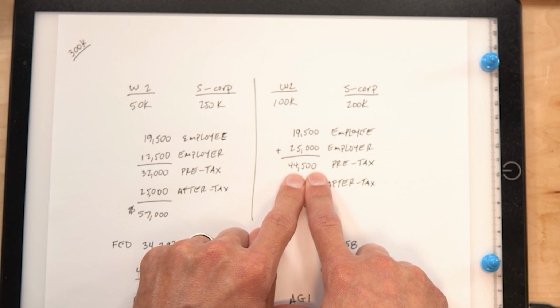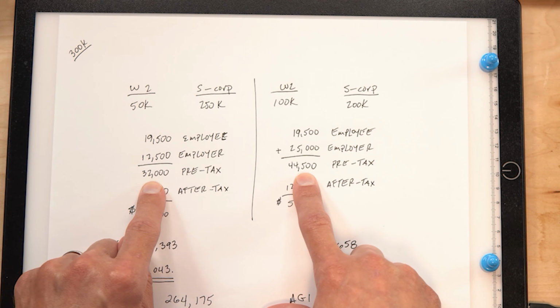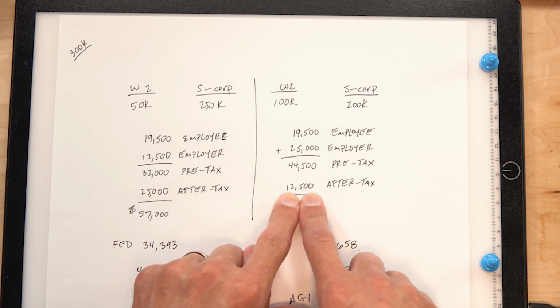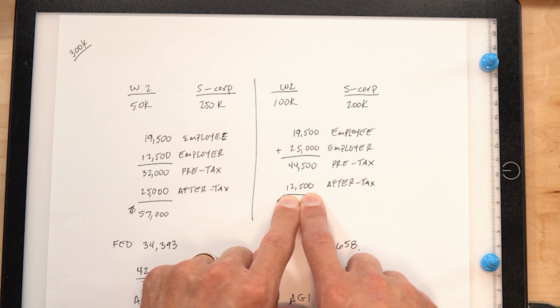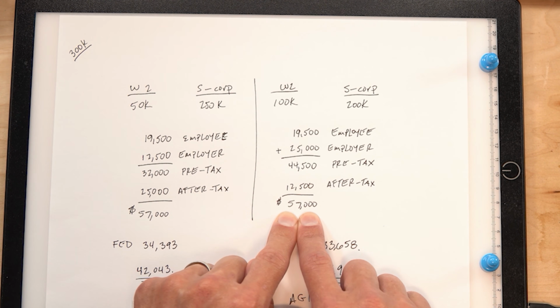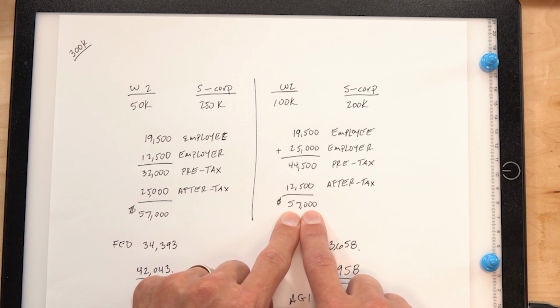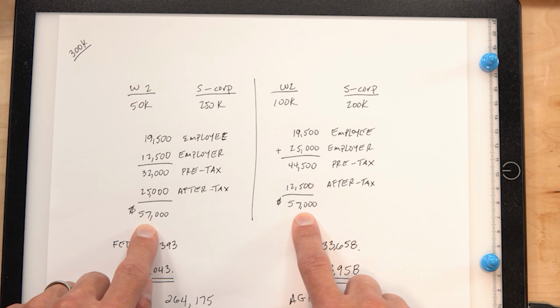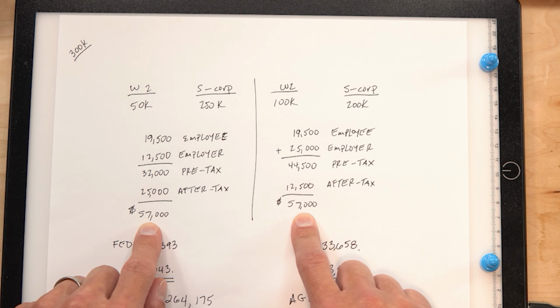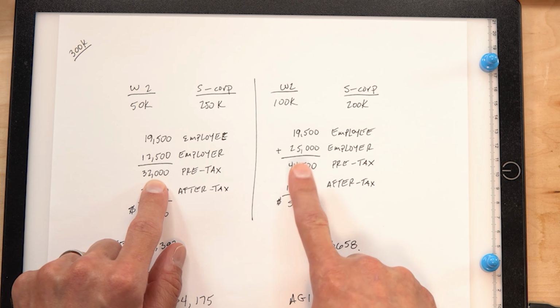Now this is pre-tax, so quite a bit more that we can put in pre-tax, and then we can close the gap by putting an additional $12,500 in after tax. Think of it like the mega backdoor Roth strategy, and you can have $57,000. So in both scenarios, we're able to get to the $57,000, but we were able to get quite a bit more on the 100,000 side pre-tax.